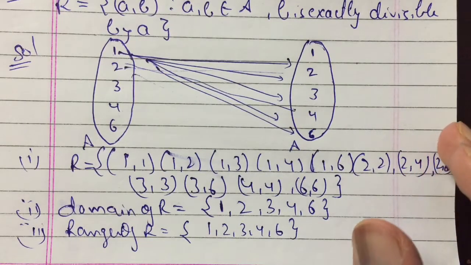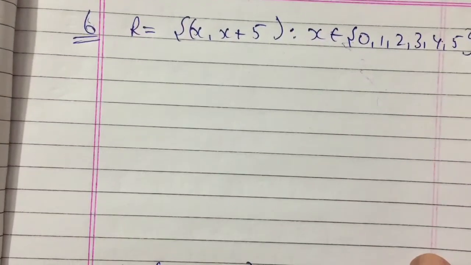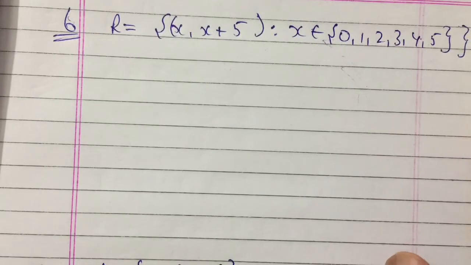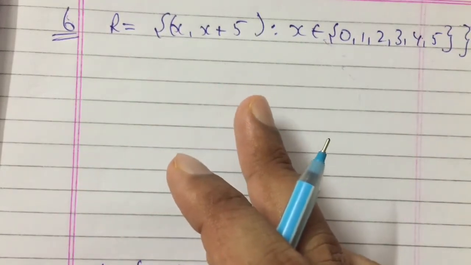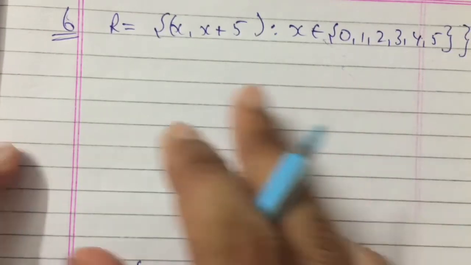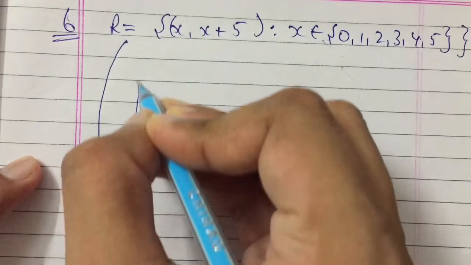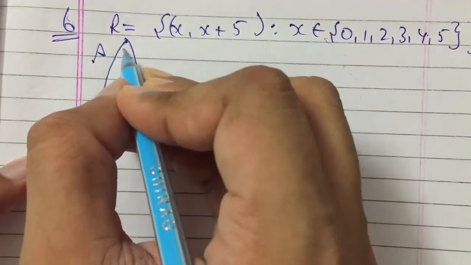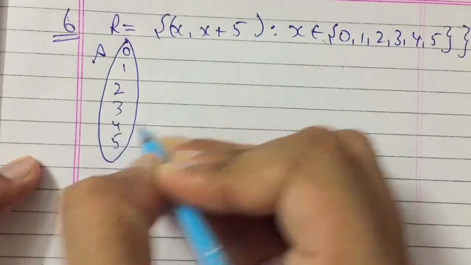So let's move on to next question number 6. In question number 6 we have R is defined in this way, x comma x plus 5, where all x belongs to 0 1 2 3 4 5. Suppose this is set A, 0 1 2 3 4 5, right?